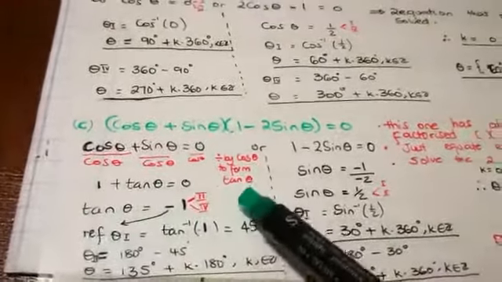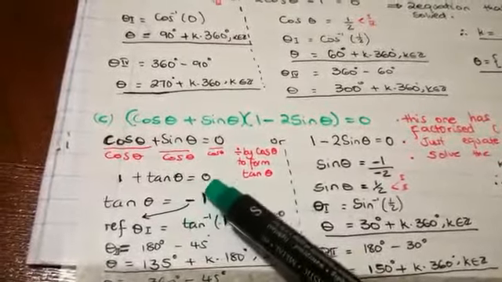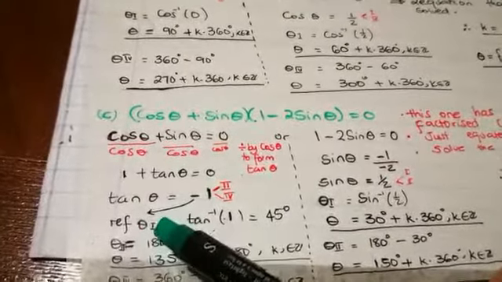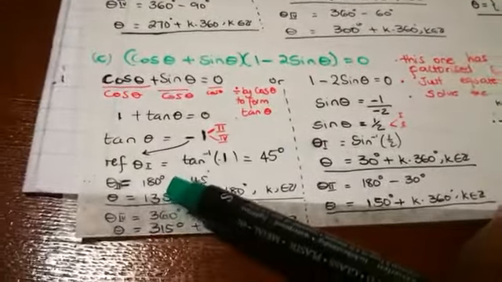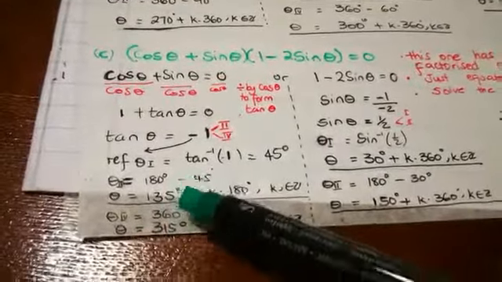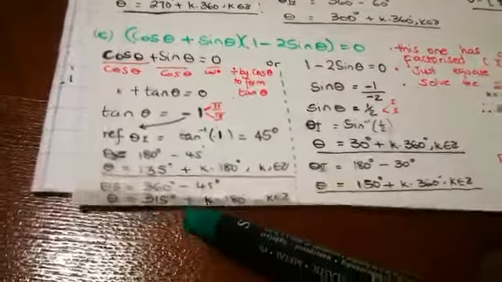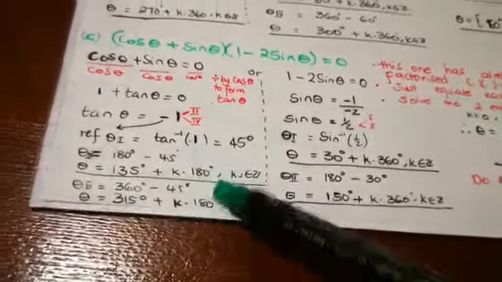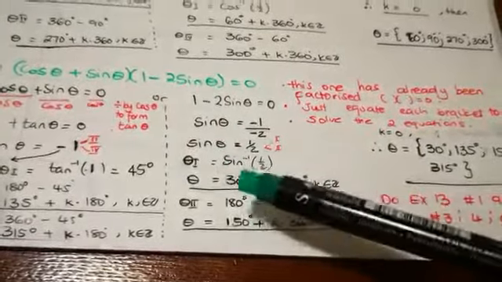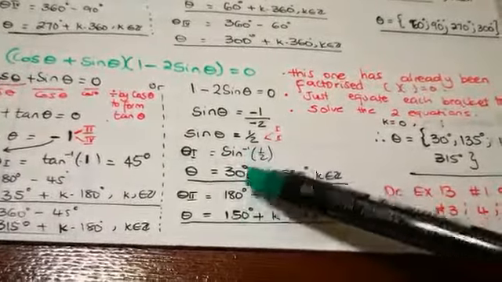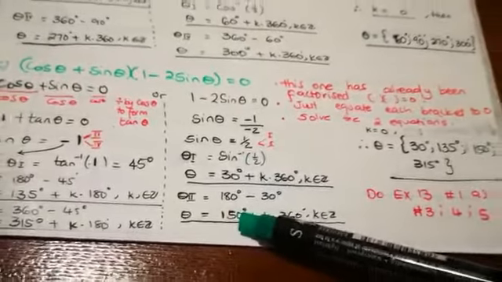So you've got a situation where now you've got tan theta equals -1. That means we must find the reference angle. Our reference angle is 45. Then our two theta values are 135 and 315 as general solutions. Then you do the same on this side. The general solutions are 30 and 150.